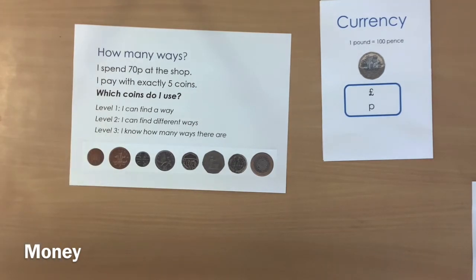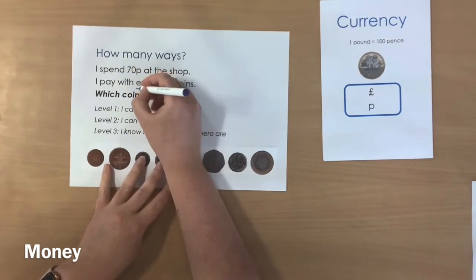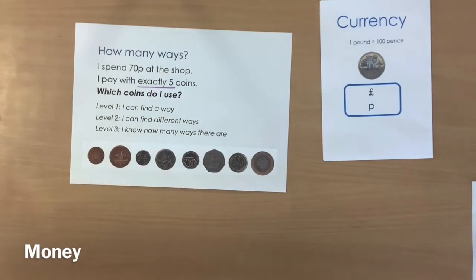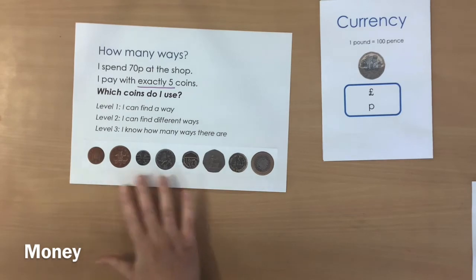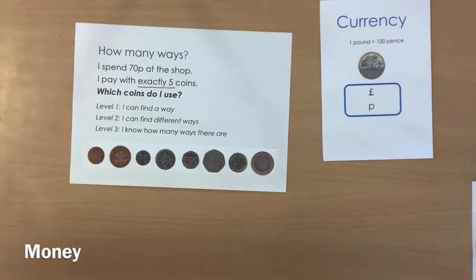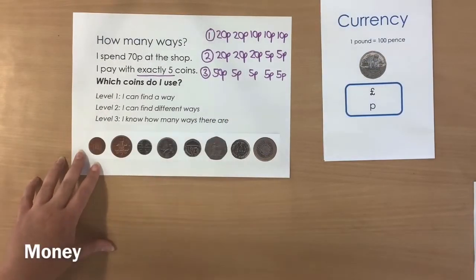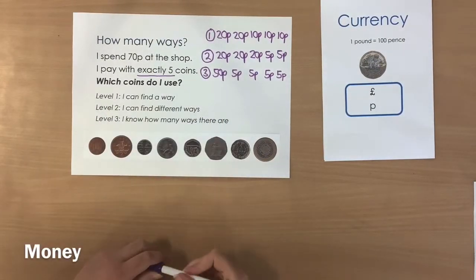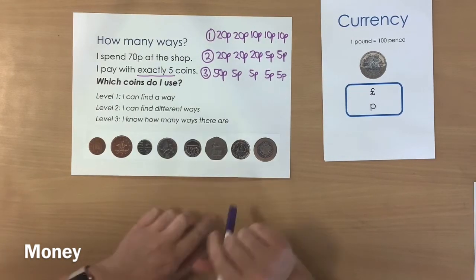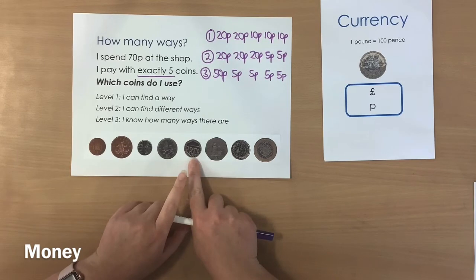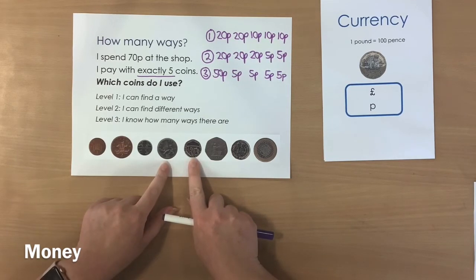The key bit here is I pay with exactly 5 coins. I've got down here the different types of coins that are available. Which 5 coins can I use to spend 70p? So far I have found 3 different ways. My first way was using 2 20p's and 3 10p's.